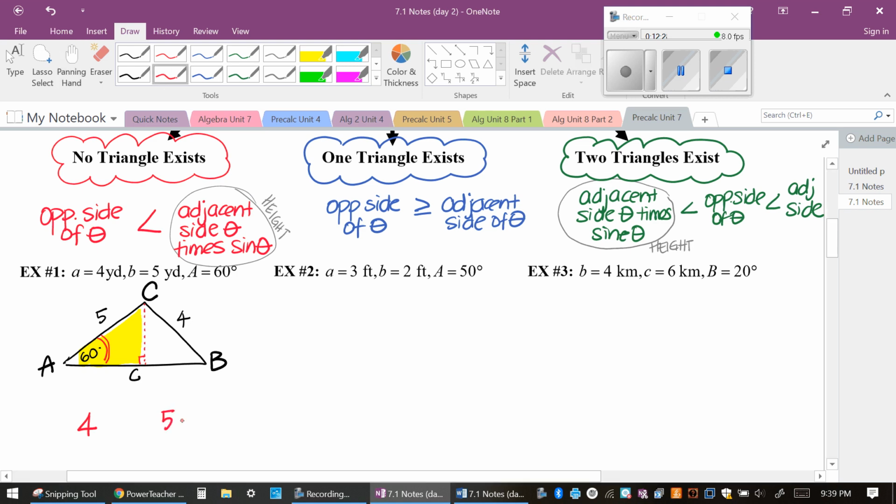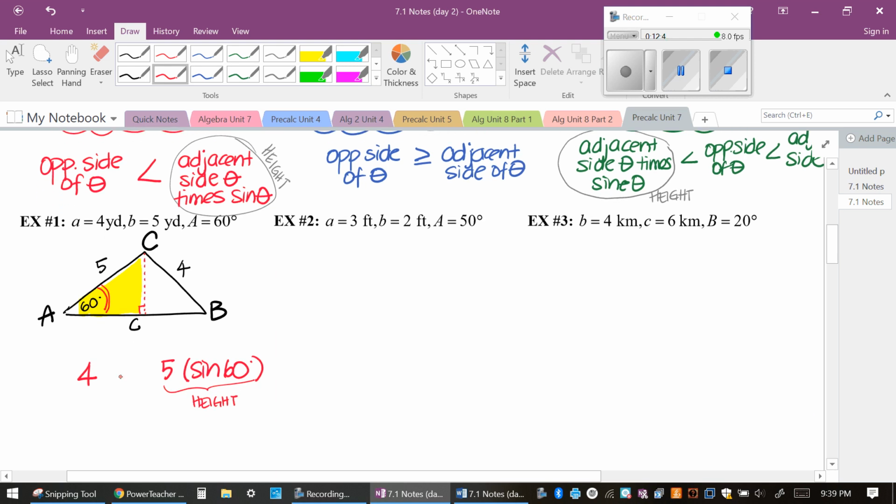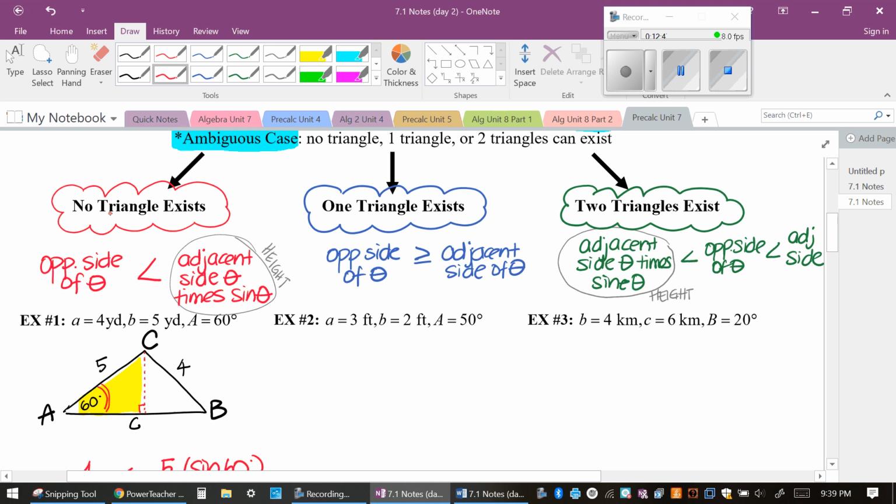Adjacent side times the sine of the given angle. Remember, this is technically the height of the triangle. If the 4 is smaller than the height, that means no triangles exist.